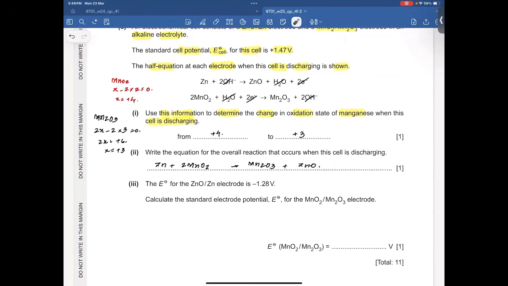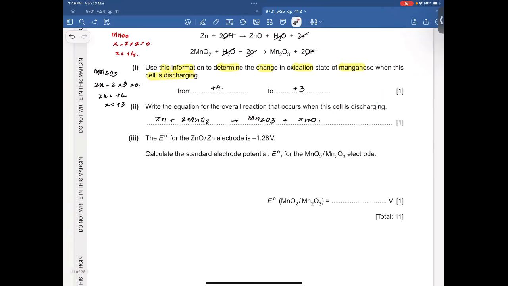For instance, if the examiner asks what is the overall equation when the cell is recharged, then I need to flip this equation for recharging of the cell. The E naught for this electrode is minus 1.28. So this is the negative half cell because it has a negative SEP value. Calculate the standard electrode potential for this half cell.